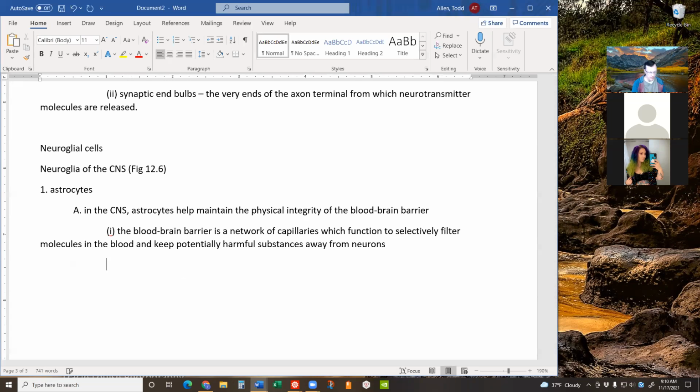Let's see, what else can we tell you about astrocytes? Astrocytes, at least in studies of embryonic tissue, so embryos, help the brain develop these neuronal connections called synapses. I said that before, right? The glial cells help maintain synapses.